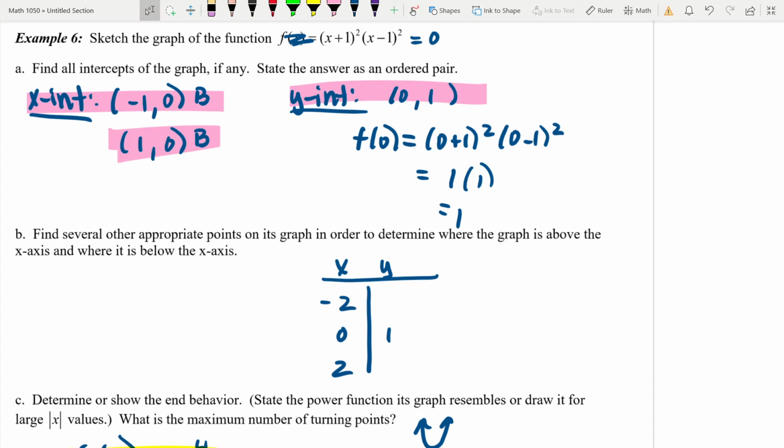Grab your calculator. -2, store, enter. Put the equation in your calculator. So go parenthesis, x variable, enter, +1, close it, squared. Parenthesis, x variable, enter, -1, close it, squared, hit enter, and I get a 9.